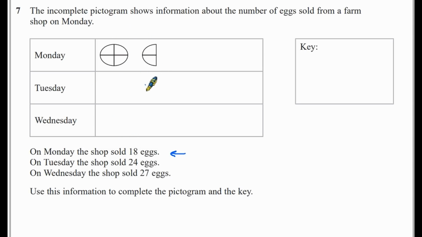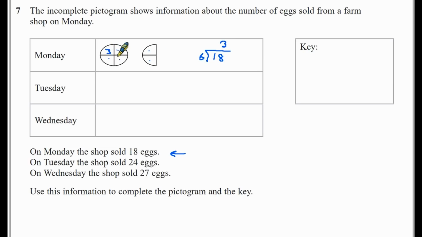I think the simplest way is to simply count the number of quarters that we've got here. In this case, there are 6 quarters. So in other words, 18 eggs is being represented by these 6 parts, these 6 quarters. So if I take the 18 eggs and I divide them by the 6 quarters, that tells me that each quarter represents 3 eggs.